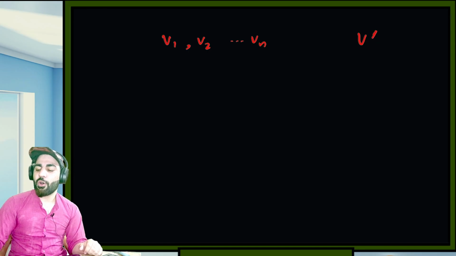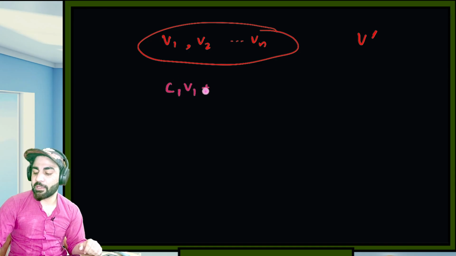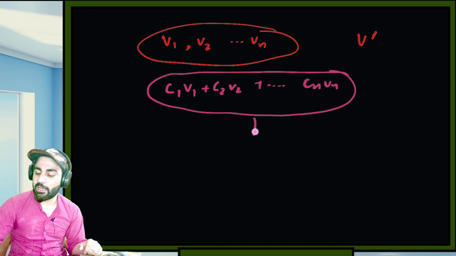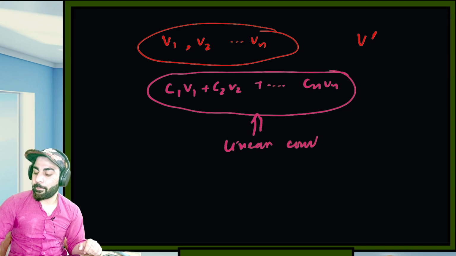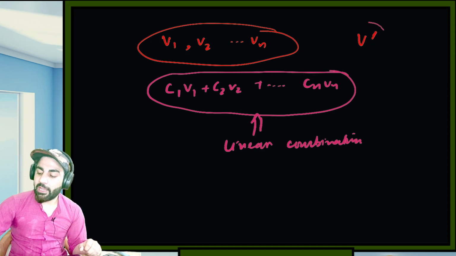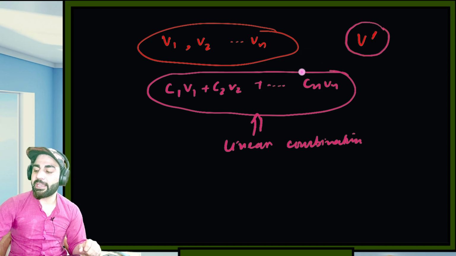If we take a combination like c1 v1 plus c2 v2 plus and so on up to cn vn, whatever vector we land at over here is called a linear combination. So how do you combine these vectors? Then we ask, are we able to go to this vector by taking a linear combination?